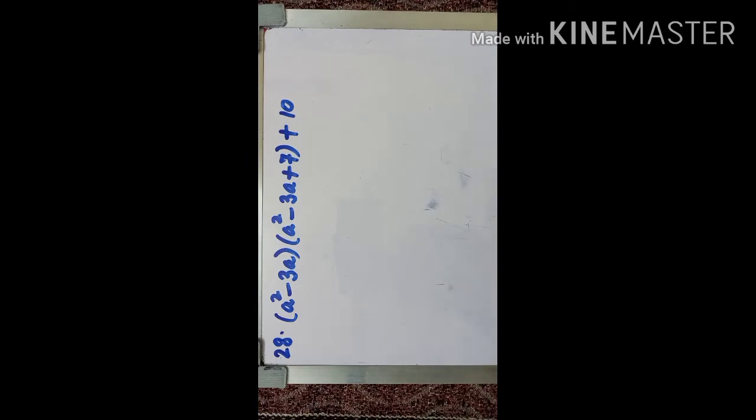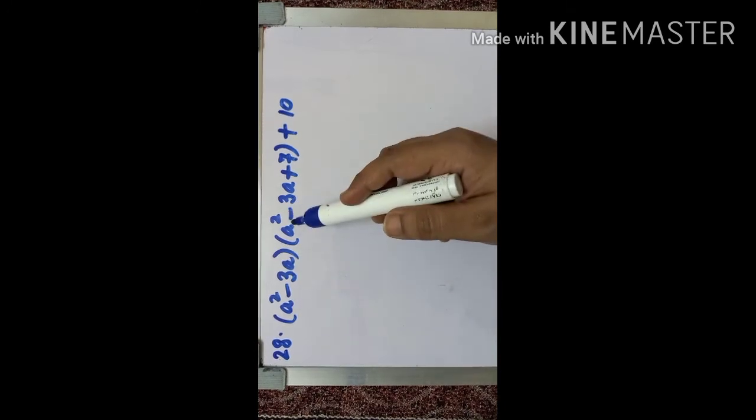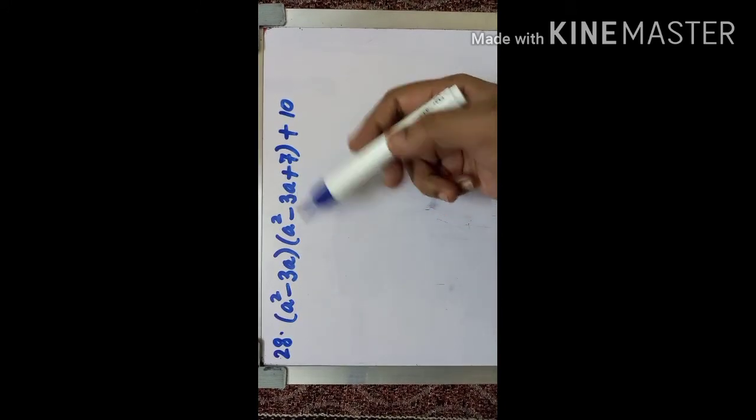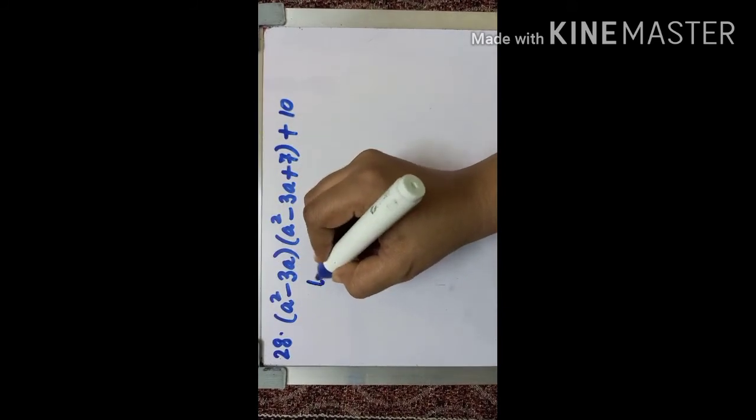Now the next problem you have is a square minus 3a into a square minus 3a plus 7, plus 10. So again you can see here clearly a square minus 3a you are having, a square minus 3a you are having. Okay, so let us just take a square minus 3a as x. Let us assume it.